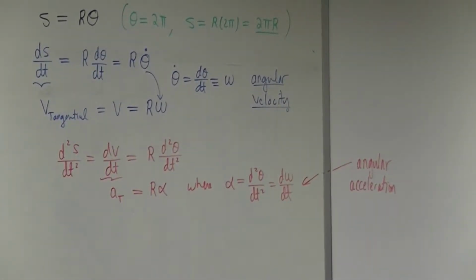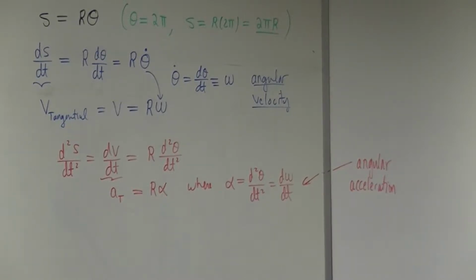So to recap, to get the speed, we take r times the angular velocity. To get the tangential acceleration, we take the angular acceleration times the radius. What other acceleration is at play here? It's going in a circle, so there's more than just a tangential acceleration.